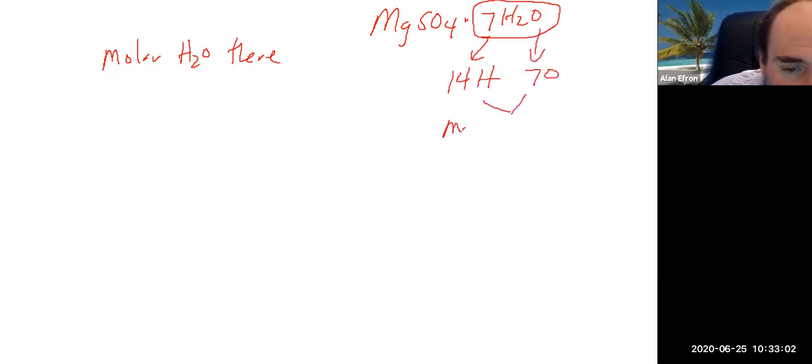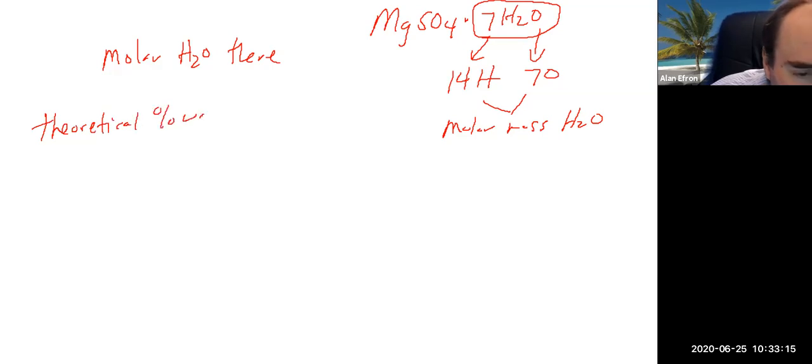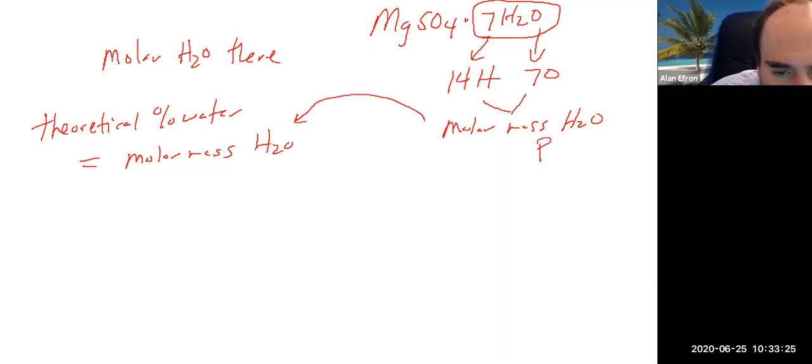That will give you the molar mass of water in that particular hydrate. So now you would have everything you need to get the theoretical percentage of water. You would take the molar mass of water, which is this number, again from the periodic table.